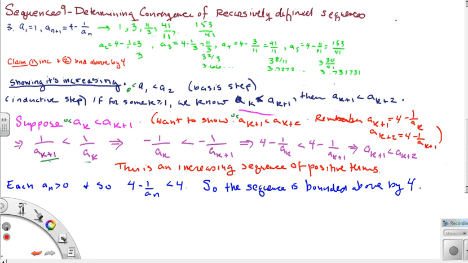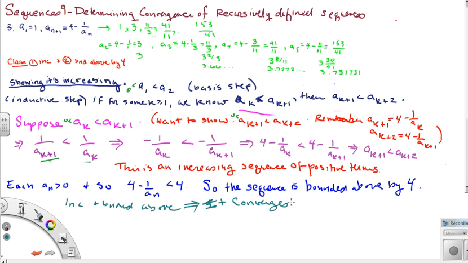Okay, so what is that? We've got an increasing sequence that's bounded above by 4. What do we know about sequences of that nature? That implies there is a limit. It converges. So we know the sequence converges.